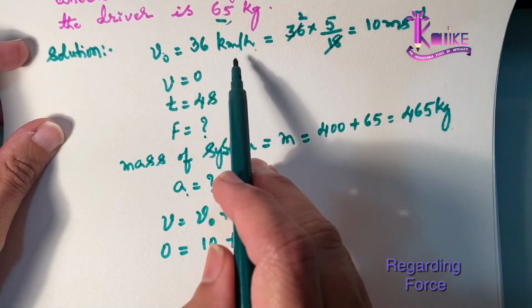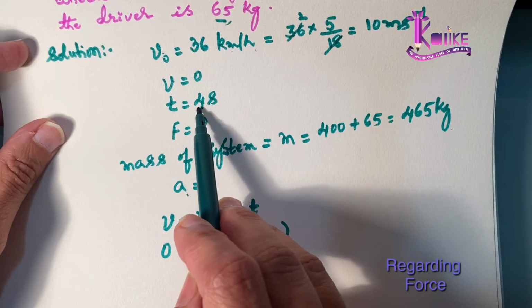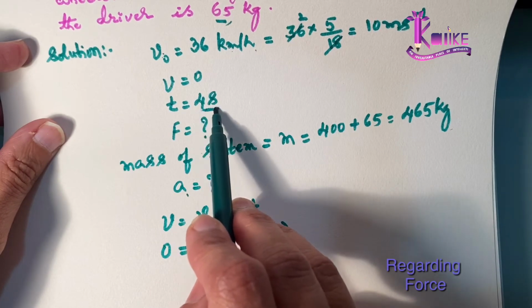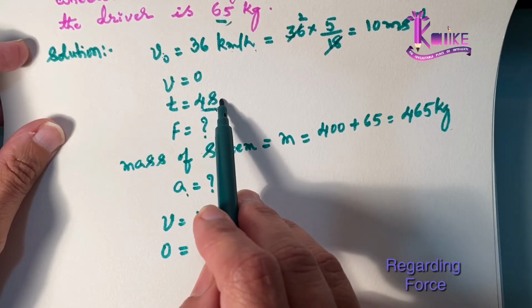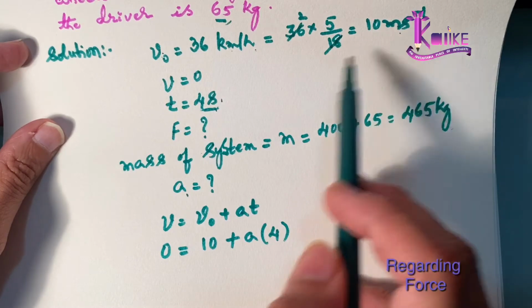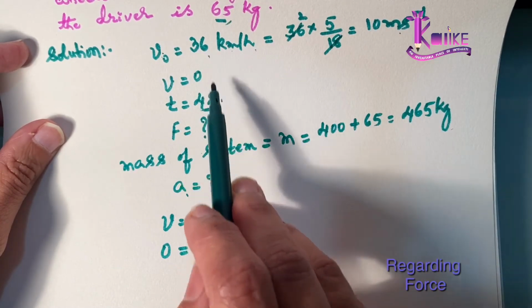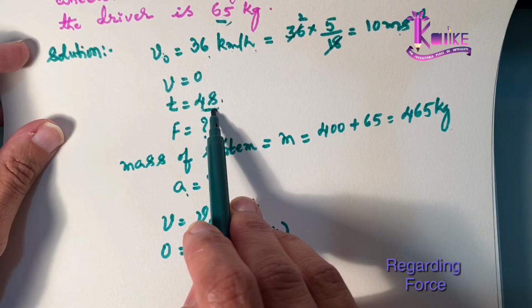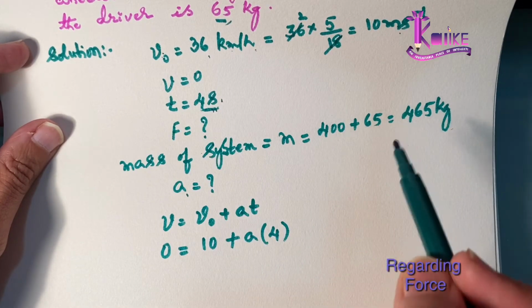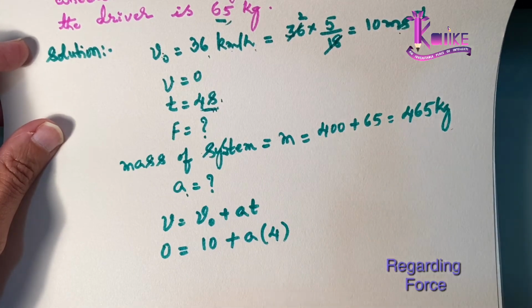Remember, if you're just keeping it in kilometer per hour, you'll have to convert time into hours as well. Since this is in seconds, I have converted this into meter per second. Otherwise, if you are retaining 36, the time should be converted to hours, and then you can carry out the simplification. Otherwise, your calculation will go wrong.